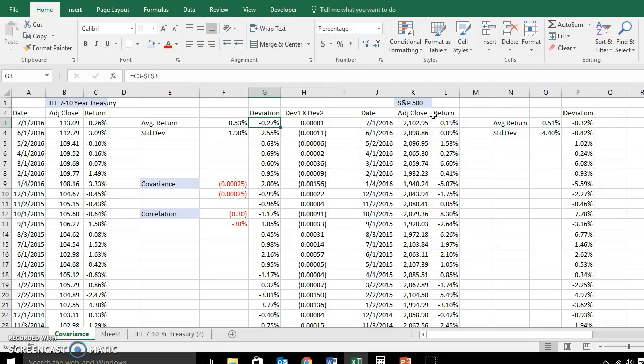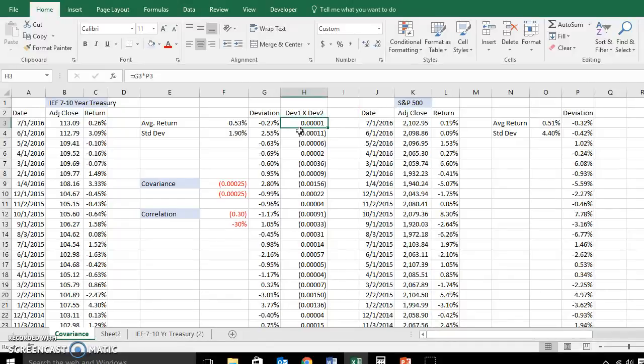I have done the same thing for S&P 500 also, right? The next thing that you have to do is multiply both the deviations. If you recall, in case of variance for a stock return, we were actually squaring this value, but in this case we are multiplying the two values.